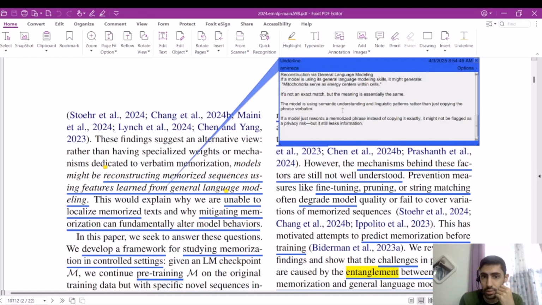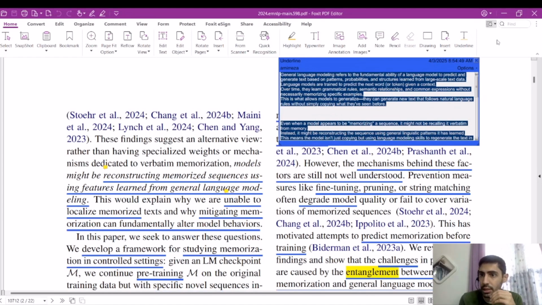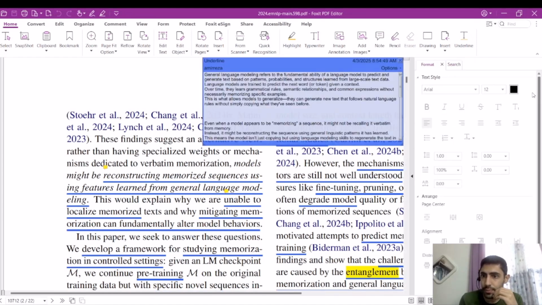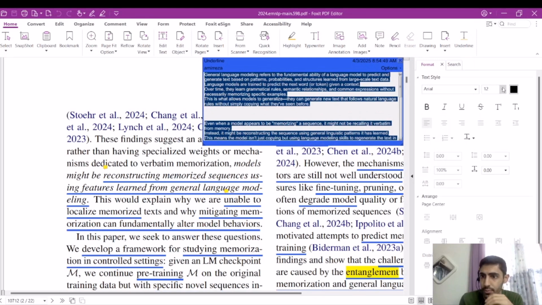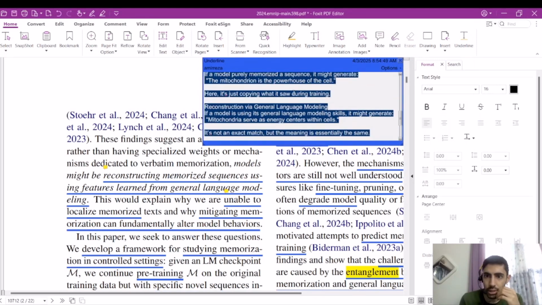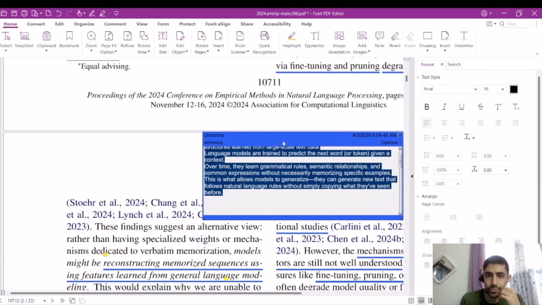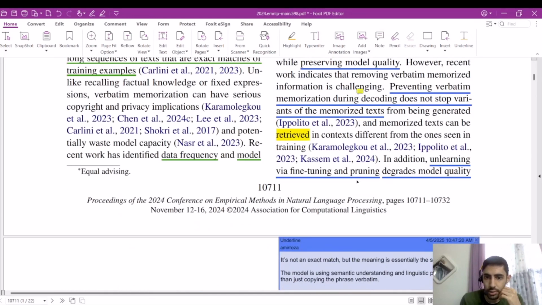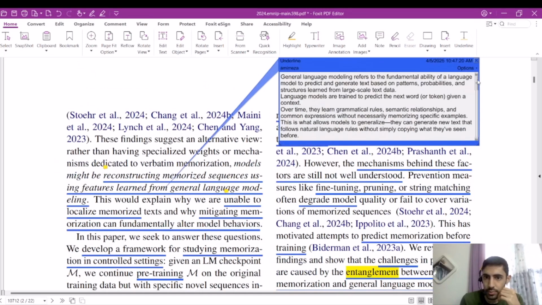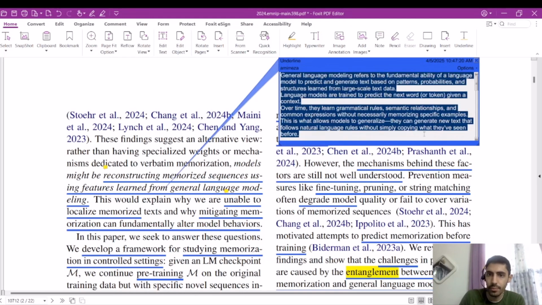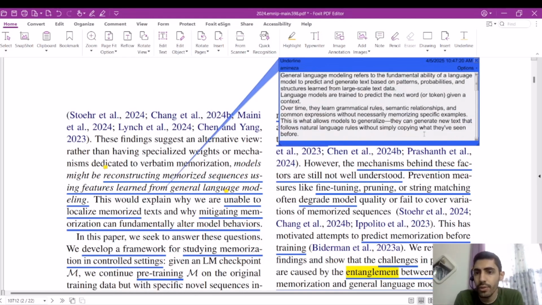So let's look at the comment that I provided. Let's make it a little bigger so we can read it better. It says general language modeling refers to the fundamental ability of the language model to predict and generate text based on patterns, probability, and structure learned from large-scale text data.